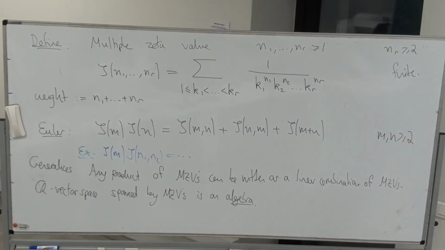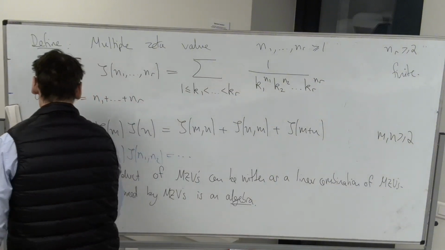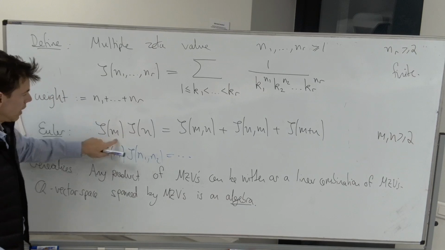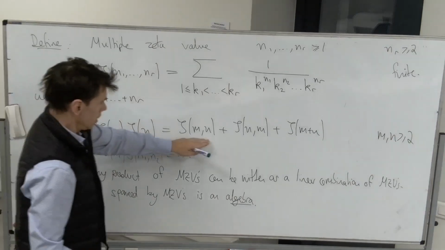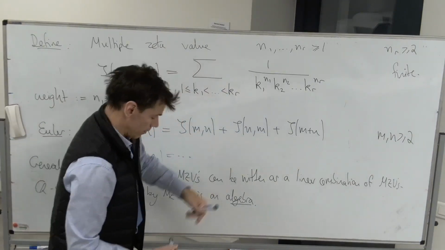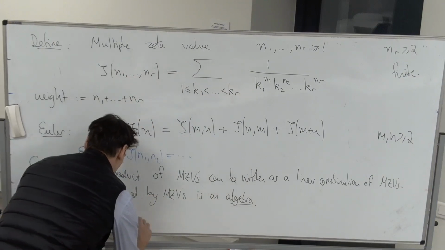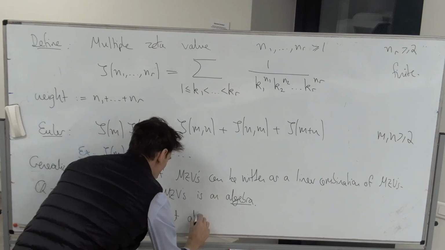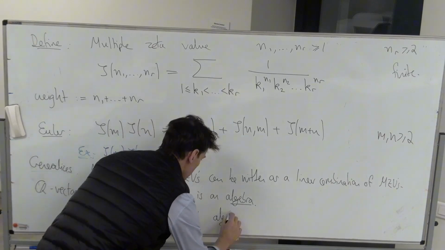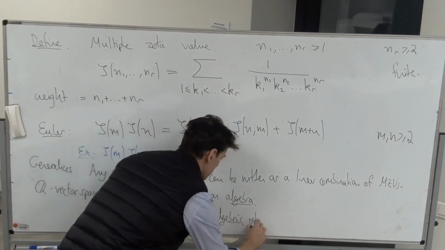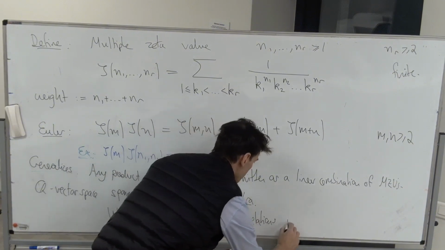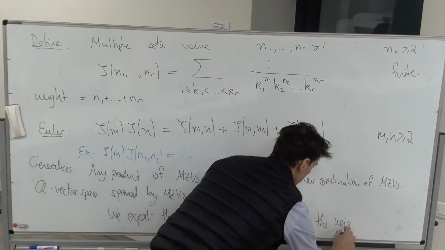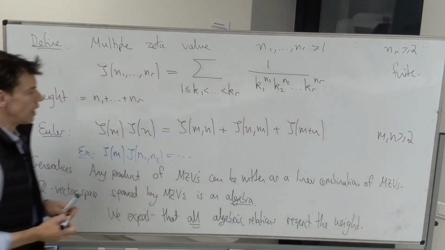And we expect that all relations, like here you see the total weight, and the weight here is n, so this should be thought of as m plus n. The weight is constant everywhere. So we expect that all algebraic relations respect the weight. So there are no relations between multiple zeta values of different weights.